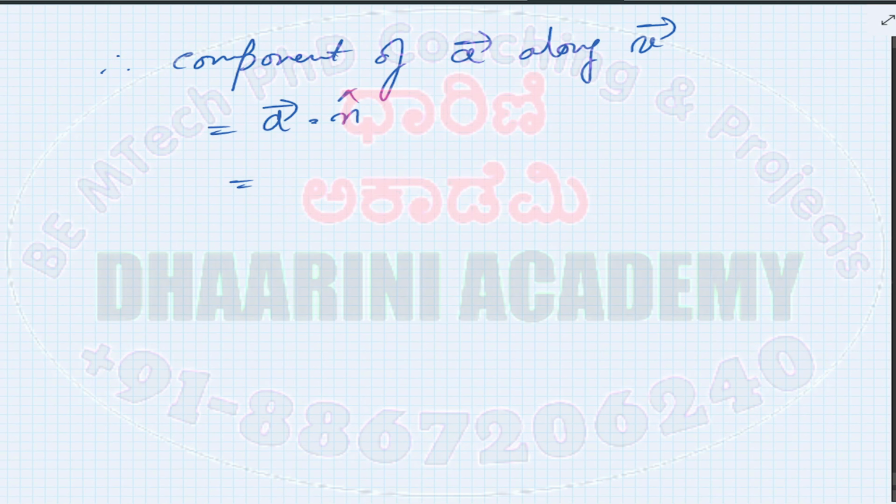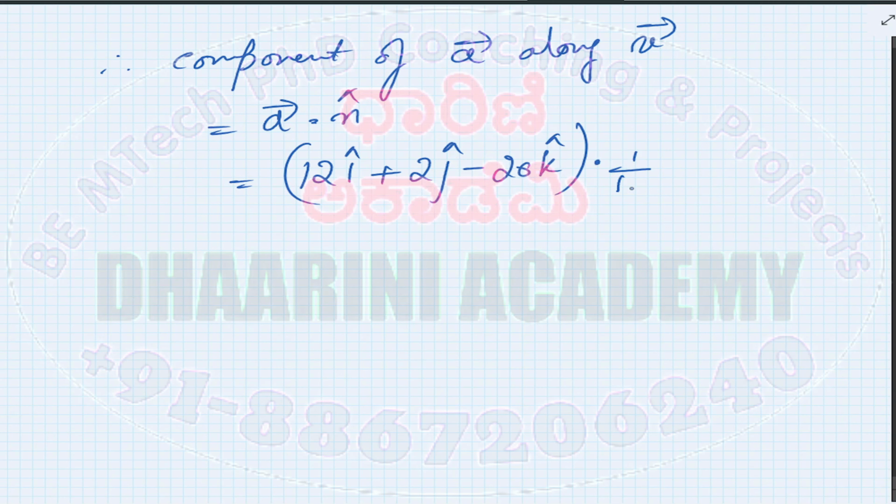If you remember, the acceleration vector A is given by 12i cap plus 2j cap minus 20k cap. This dot the above answer, that is 1 by 12 into 8i plus 8j minus 4k.